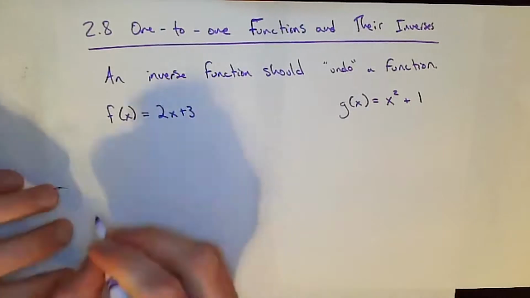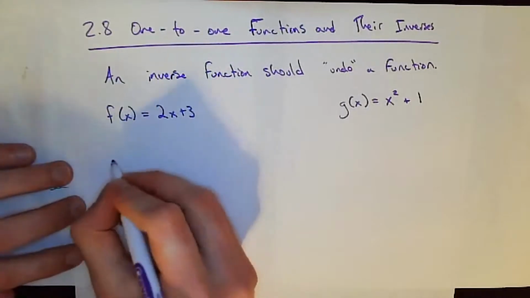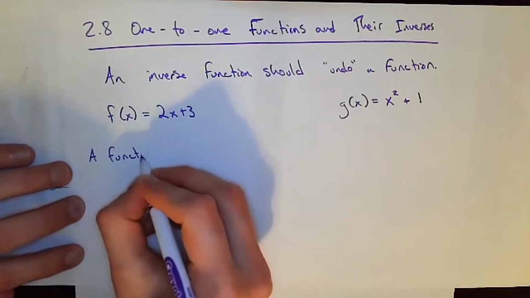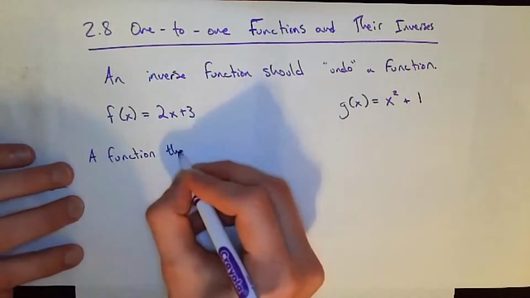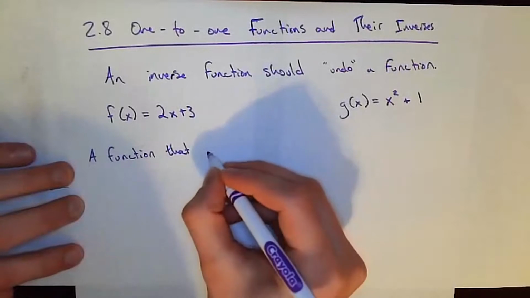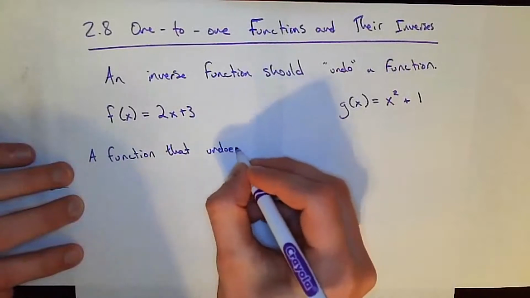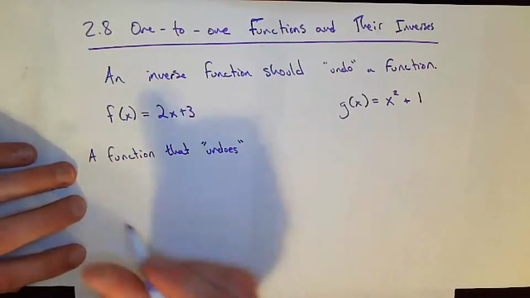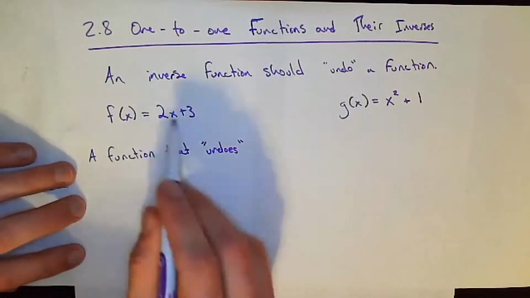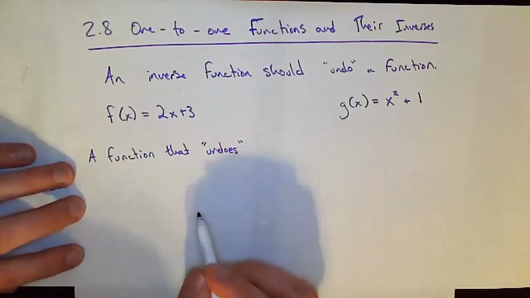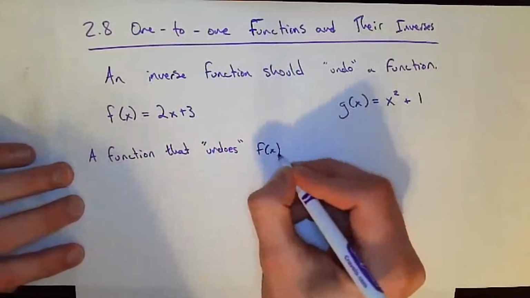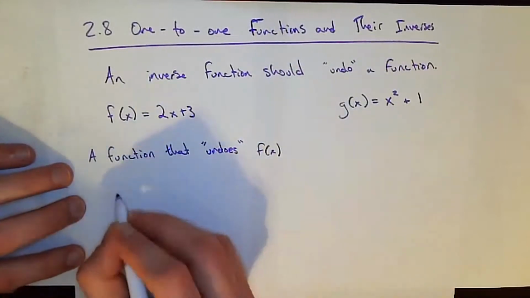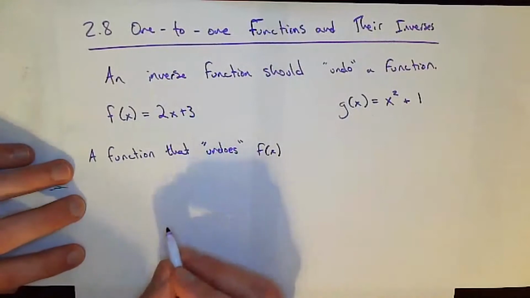So a function that undoes f of x here could be, is undoes even a grammatically correct word? Whatever. It undoes the operations that this function does to x.